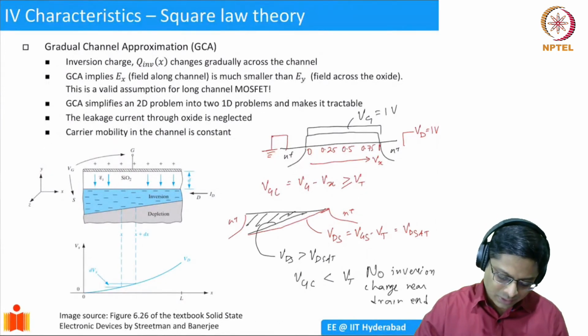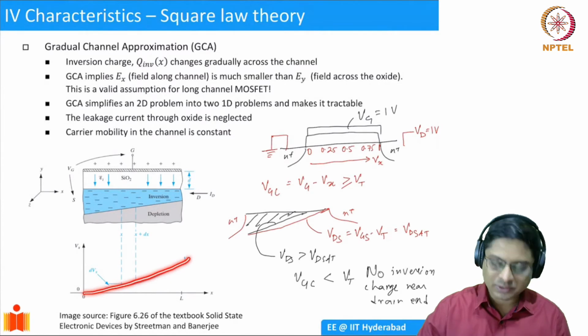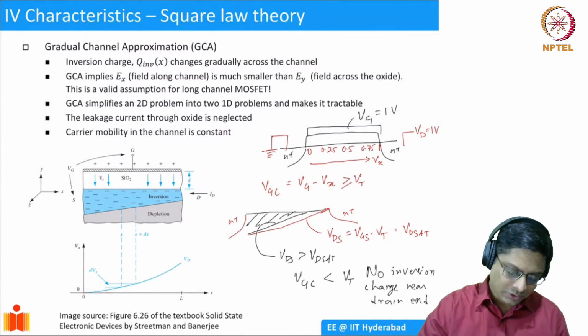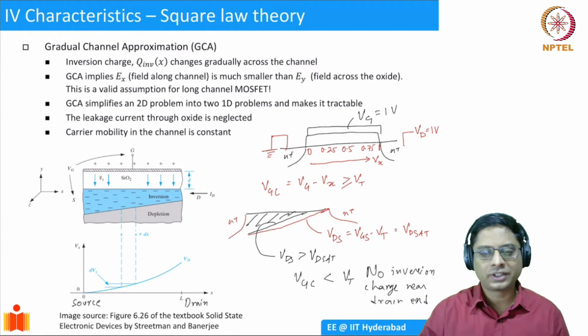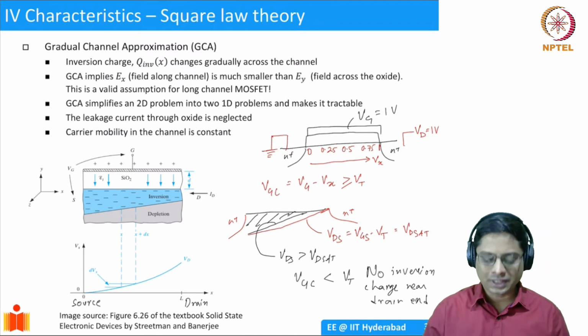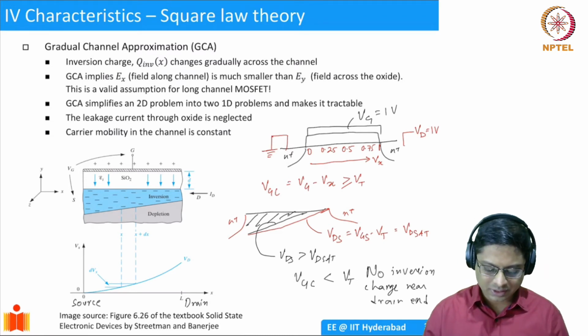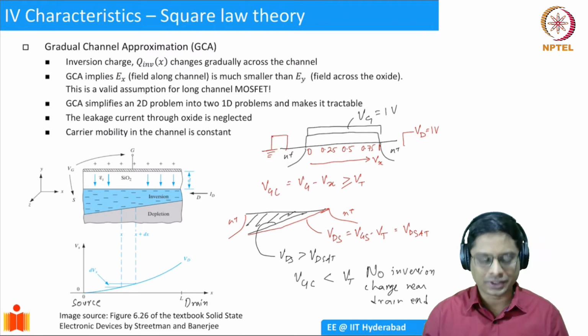In the picture below, we are showing that there is some sort of distribution. X equal to 0 here would be the source, and X equal to L will be the drain. So between source and drain, there's a distribution of voltage. As a first approximation, it can be linear, but the accurate one turns out to be some sort of quadratic relation.